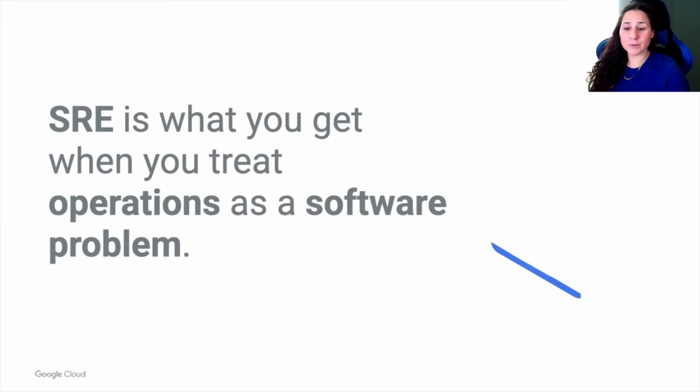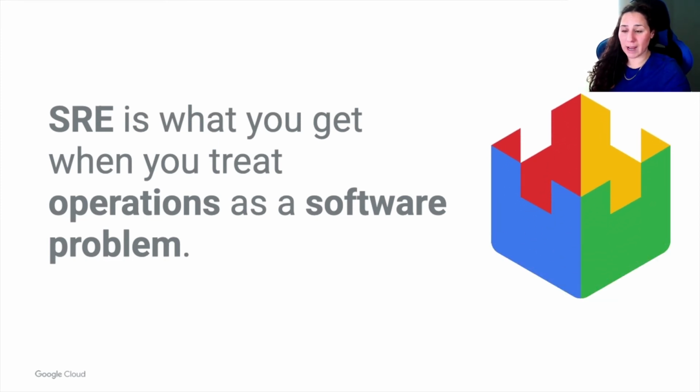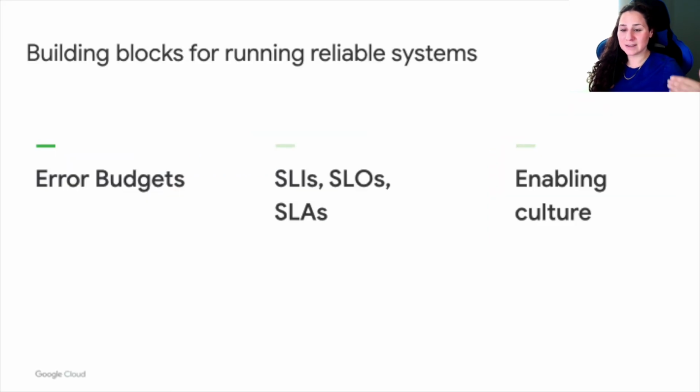Implementing SRE includes both technical and cultural practices. We want to use data to guide our decisions, to foster a learning culture, and empower our teams. SRE facilitates incentive alignment across the product lifecycle by providing a common language and shared understanding, which is our error budget.